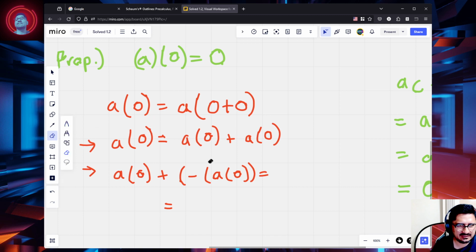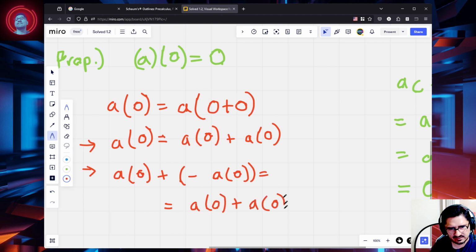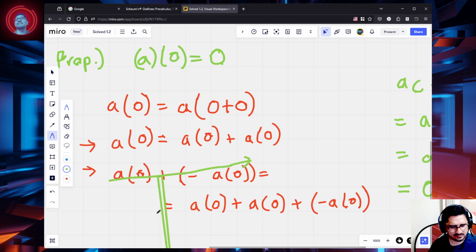Indeed, I forgot one parenthesis. Let me use this notation. I don't want to be so strict with the notation. I want to give you the ideas. On the other side we can just subtract this. I don't know which number this is. Of course it's 0, we can prove that. But in that case, this number will cancel and give us 0 again.